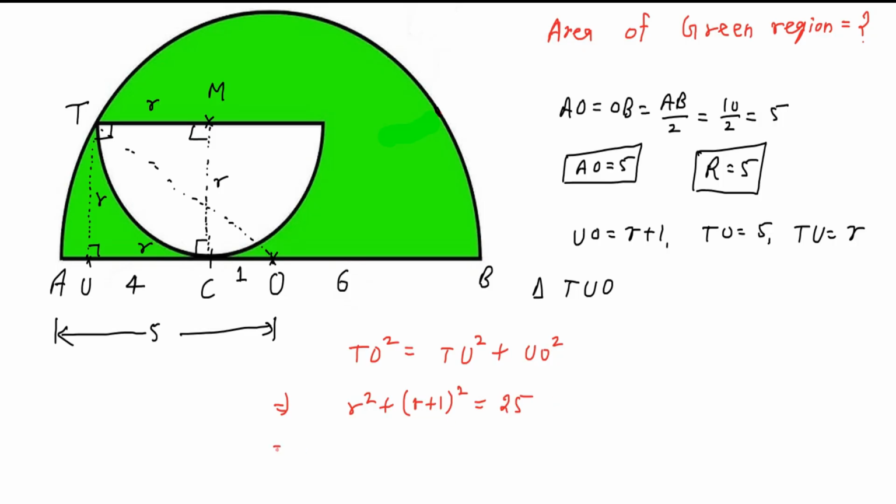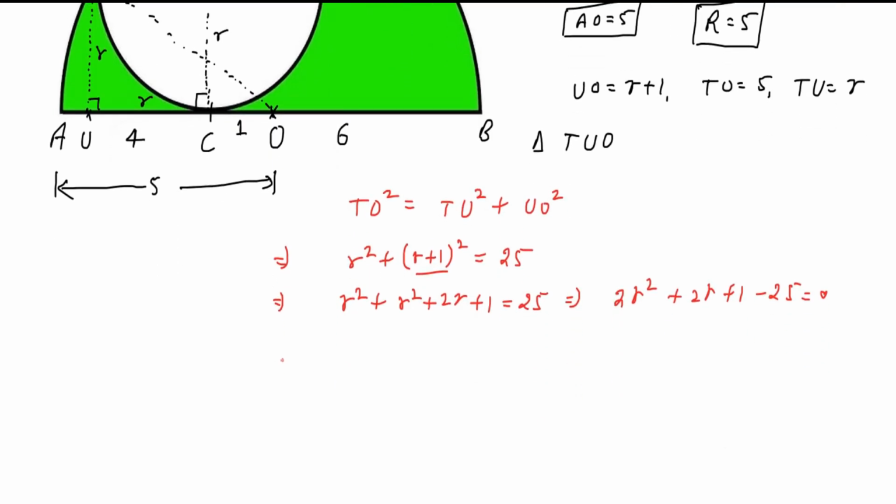So if we simplify this equation we will have r square plus, and here we will be using the identity (a plus b) raised to 2, so it will become r square plus 2r plus 1, and on the right hand side we have 25. So from here we will have 2r square plus 2r plus 1 minus 25 equal to 0. Further, from here we can write 2r square plus 2r minus 24 equal to 0.